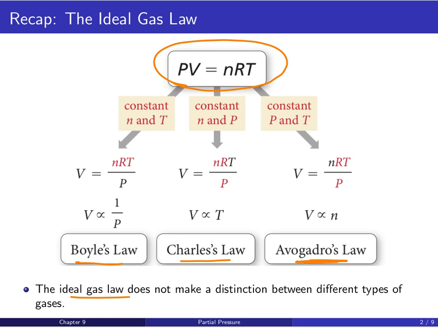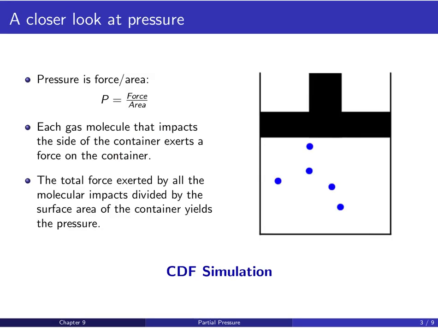With that in mind, let's take a closer look at this concept of pressure. We know that pressure is defined as force over area, a force per unit area. When you have a gas, take the example of a little piston chamber, a closed cylinder, with gas molecules or atoms flying around inside.